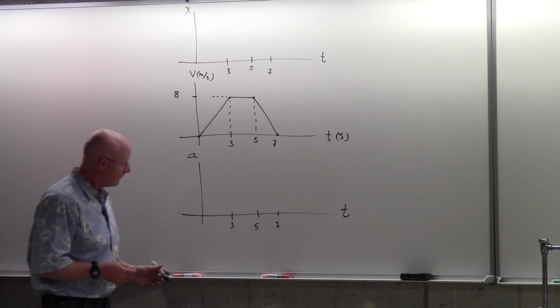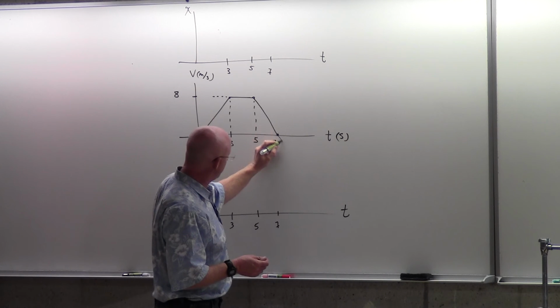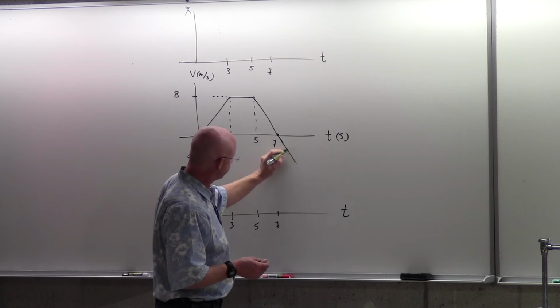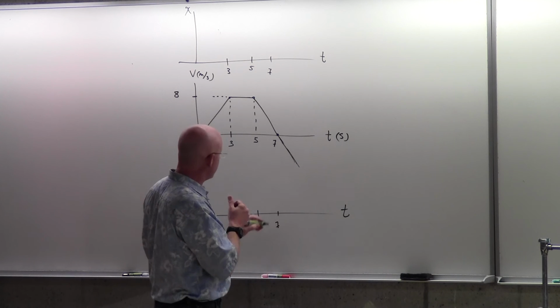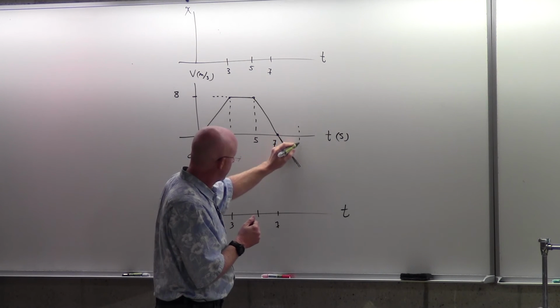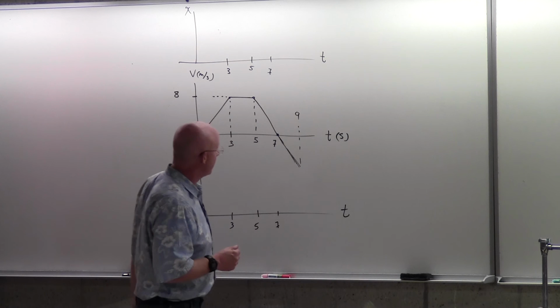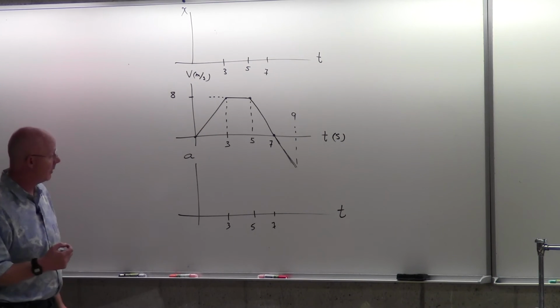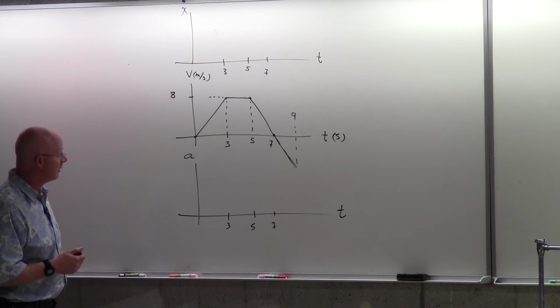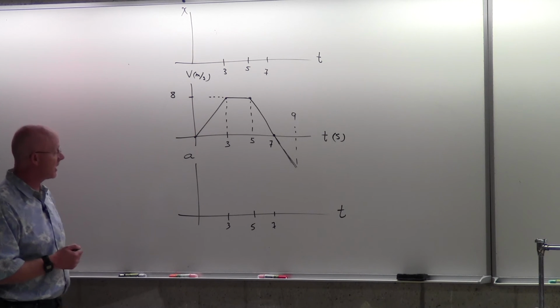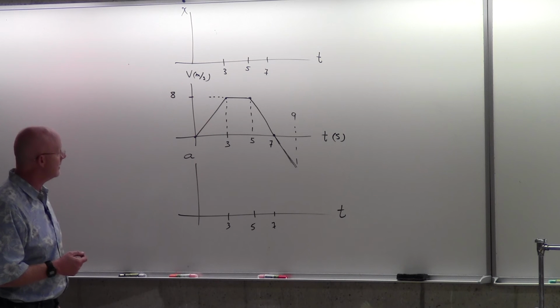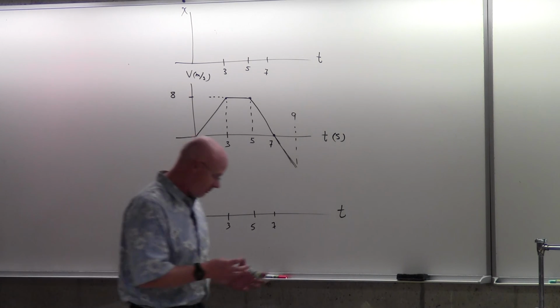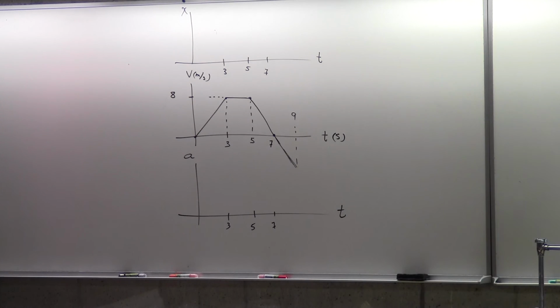And then, for whatever reason, the moped turns around and starts going fast in the negative direction. So it has a speed in the other direction here. And it looks like for 2 more seconds, 9 seconds. All right, I think I've copied it well.